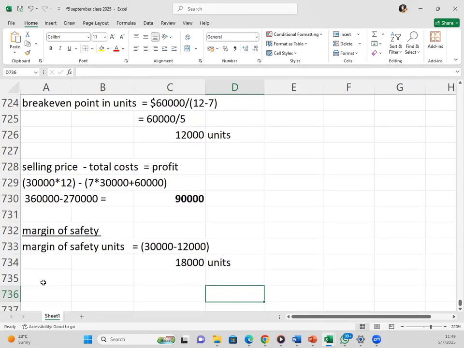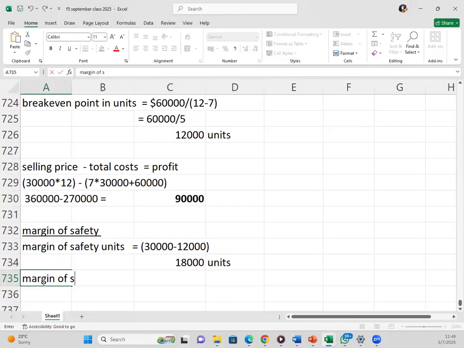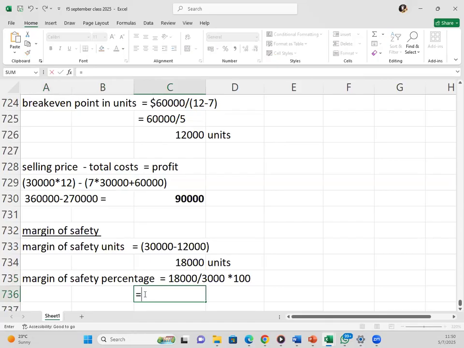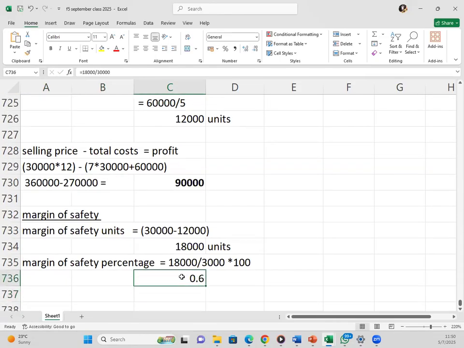Then the margin of safety percentage is the margin of safety over the total production times 100. That's 18,000 over the total units expected, as a percentage, so that's 60%.